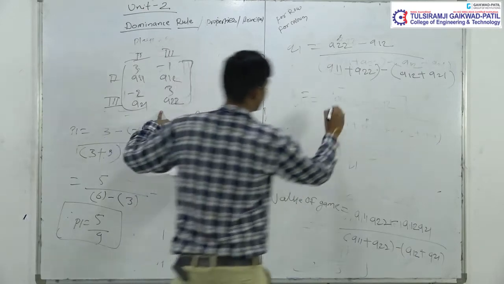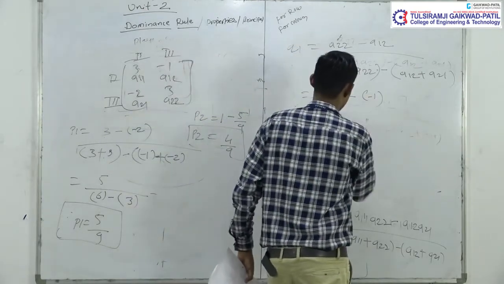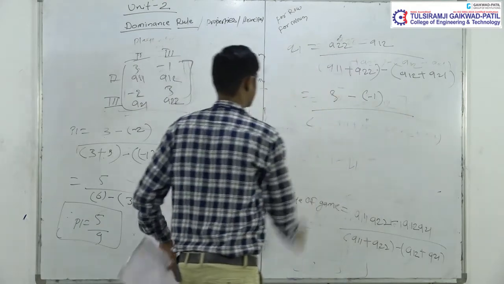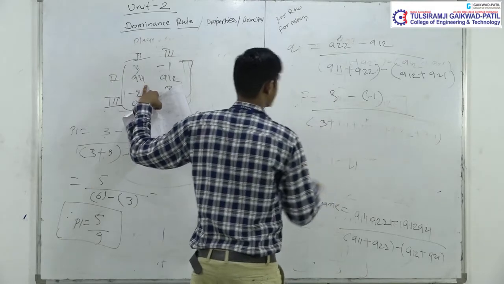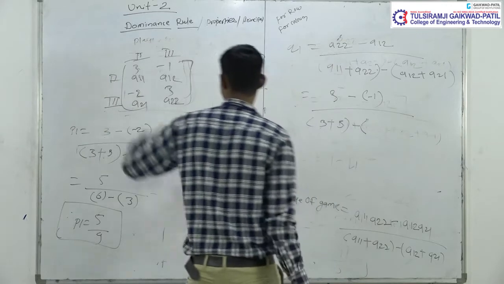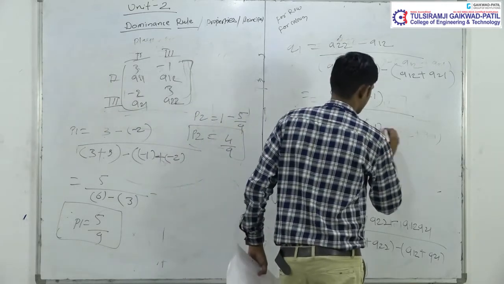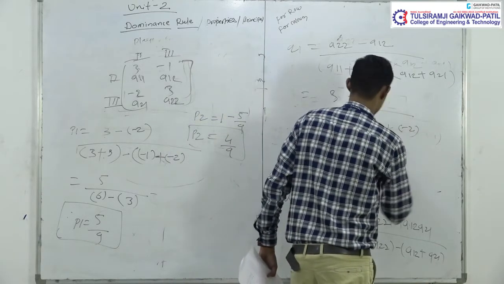A22 value is 3, A12 is minus 1, A11 is 3, A21 is minus 2.